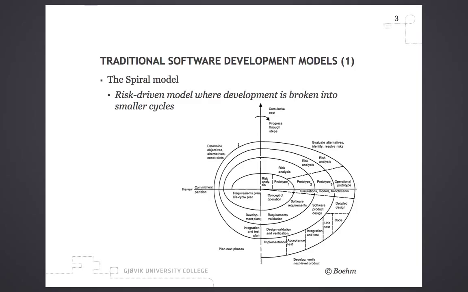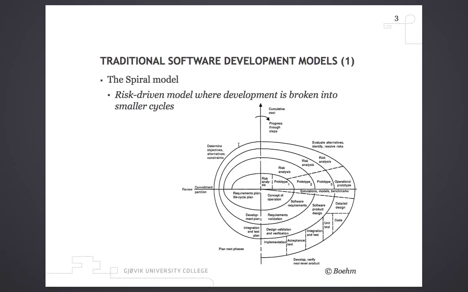You go on to the next cycle. You do another risk analysis, another prototype, still based on documentation and so on. And you define some software requirements, and you validate these requirements with your client. Another cycle, risk analysis, prototype number 3, etc. Then you start designing your software, modeling your software, etc. And this repeats itself in a spiral, you see, until you get into the development phase and the maintenance or the production phase.